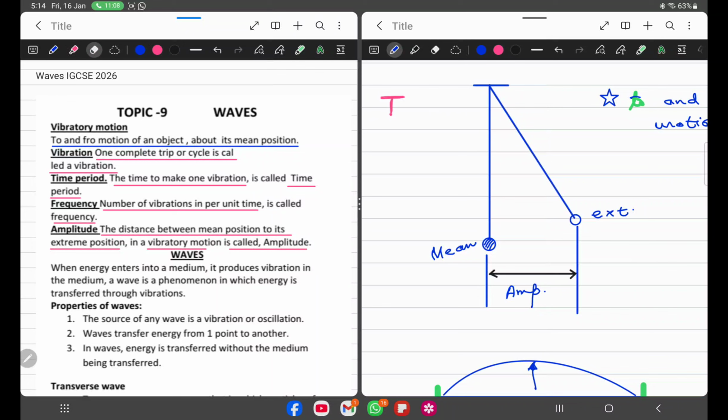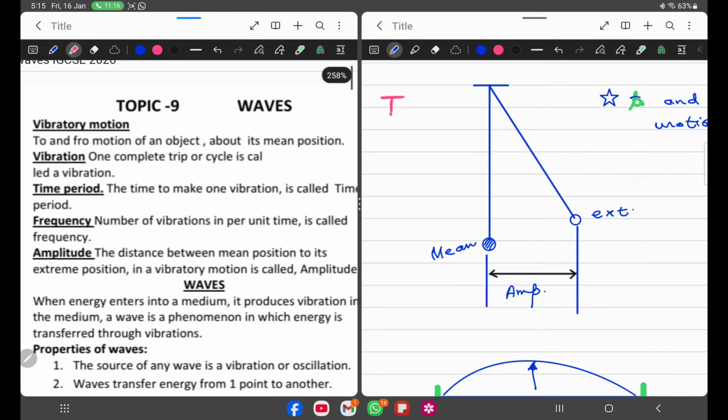So before starting the topic of waves, you should know these basic definitions, and I think you have understood all these concepts. Vibratory motion is when an object moves to and fro about its mean position. One complete trip is called one vibration, and the time to make one vibration is called time period.